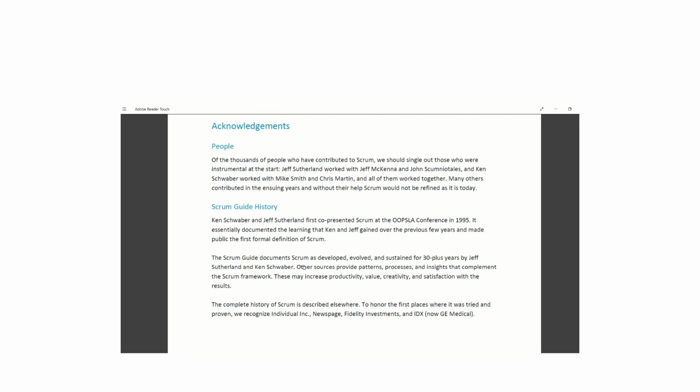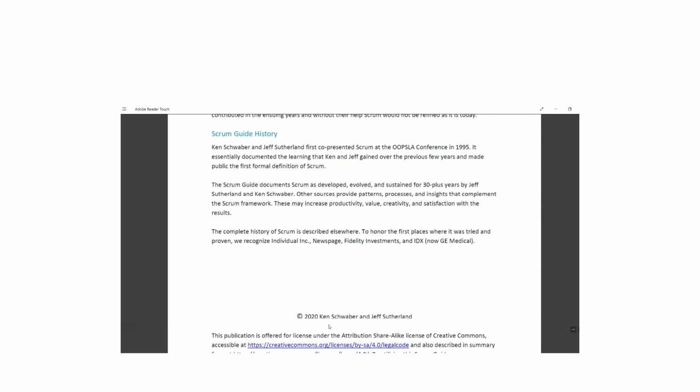The Scrum Guide documents Scrum as developed, evolved, and sustained for 30-plus years by Jeff and Ken. Other sources provide patterns, processes, and insights that complement the Scrum framework. These may increase productivity, value, creativity, and satisfaction with the results. The complete history of Scrum is described elsewhere.